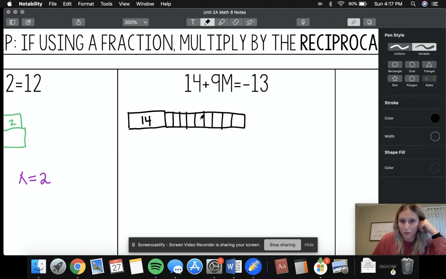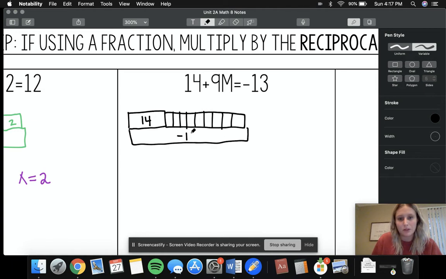Okay, so 2, 4, 6, 8, 9 m's. Okay, and that needs to equal negative 13.